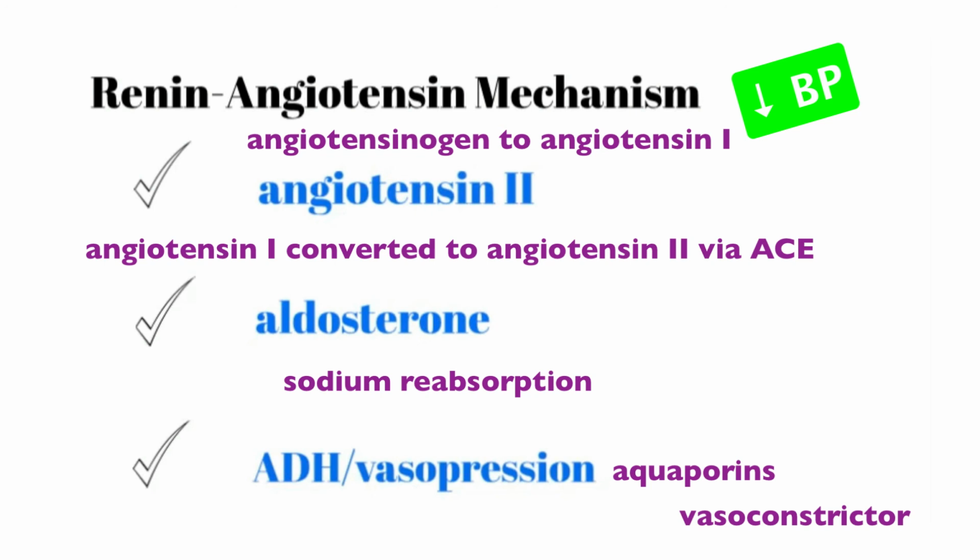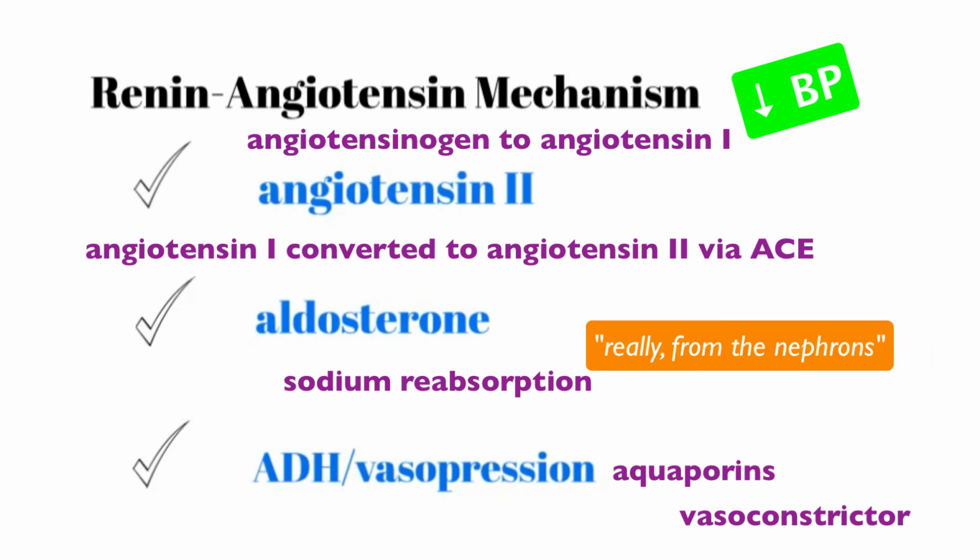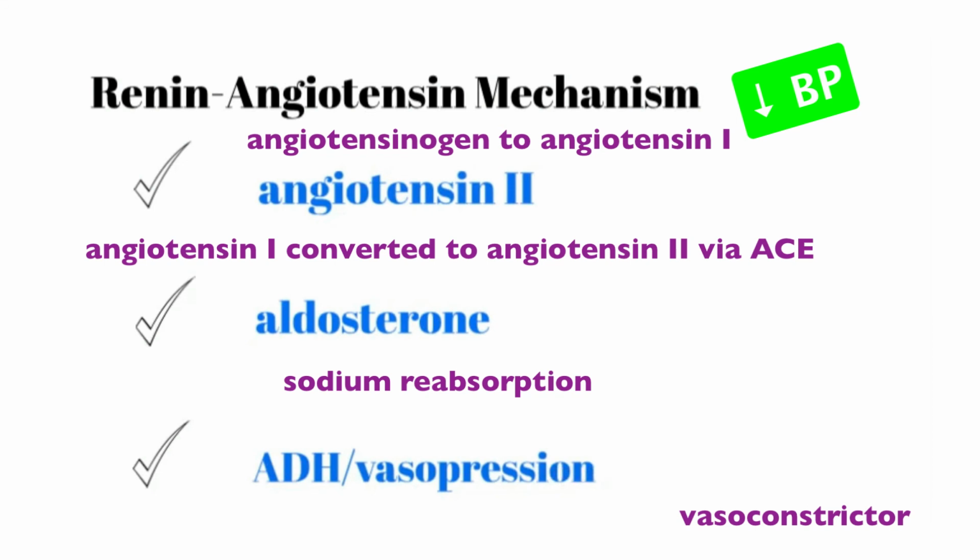ACE, which is angiotensin converting enzyme, converts angiotensin 1 to angiotensin 2. Angiotensin 2 induces systemic vasoconstriction and causes the release of aldosterone from the adrenal cortex. Aldosterone stimulates sodium reabsorption from the kidneys. ADH opens up the aquaporins to allow water to chase that sodium back into the bloodstream. And ADH, once again known as vasopressin, also causes vasoconstriction.